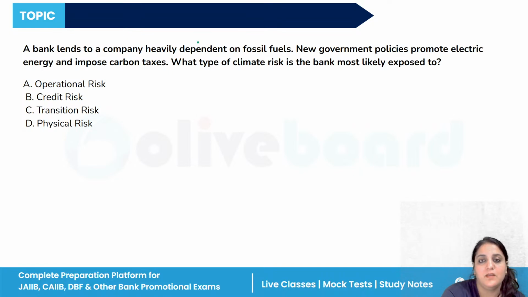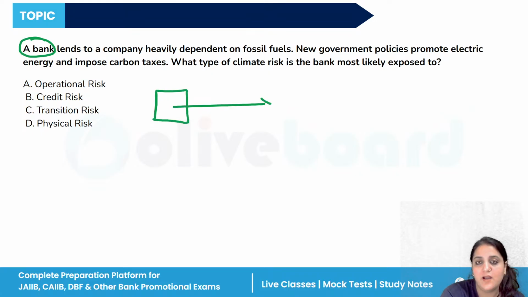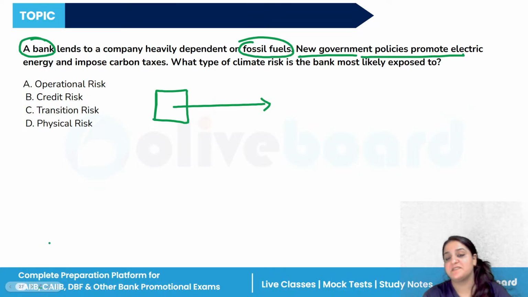Suppose there is a bank that lends heavily to a company that depends only on fossil fuels. New government policies promote electric energy and impose carbon taxes. So, which type of climate risk is this?